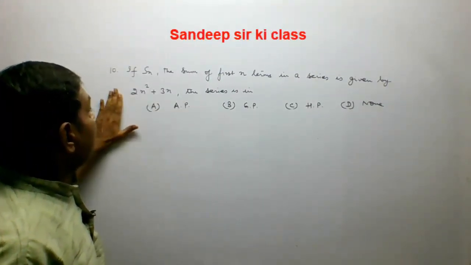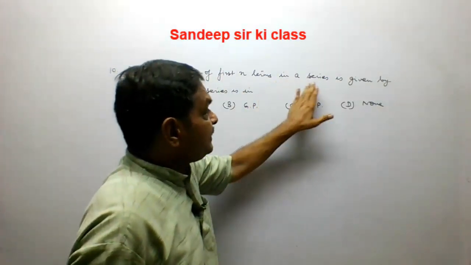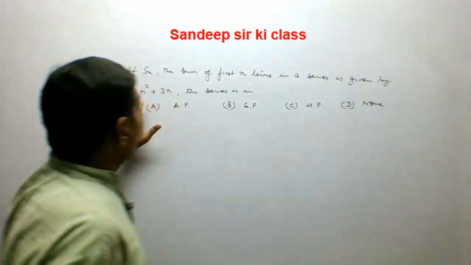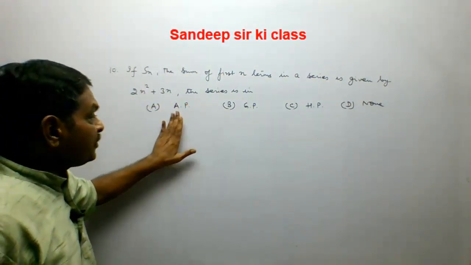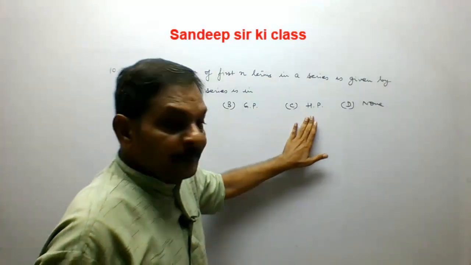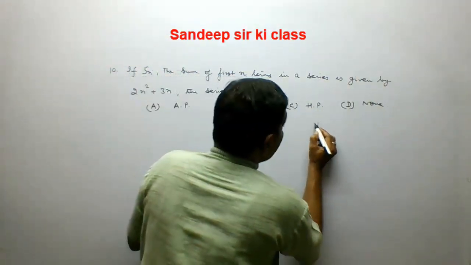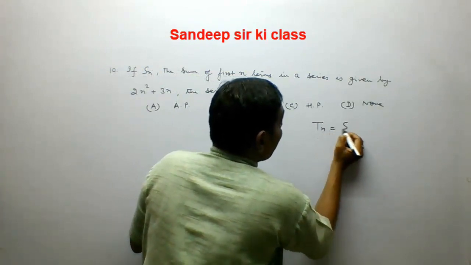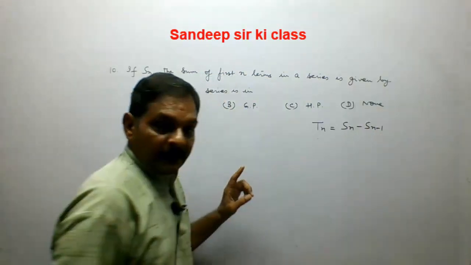Question number 10. If Sn, the sum of first n terms in a series, is given by 2n square plus 3n, then the series is in, options are AP, GP, HP or none. We have the formula that Tn is given by Sn minus Sn minus 1.